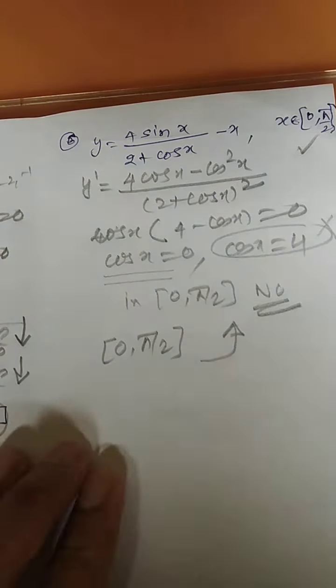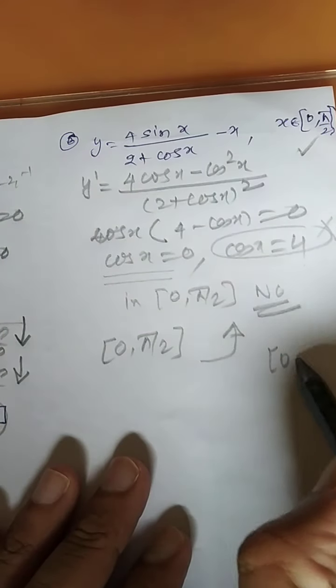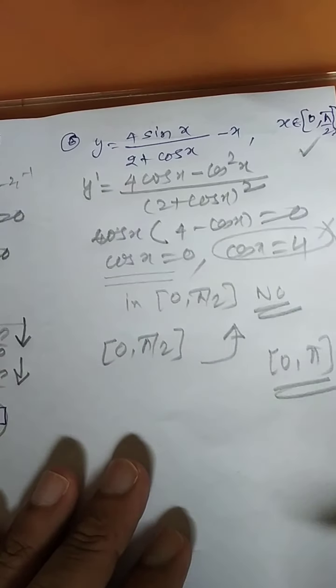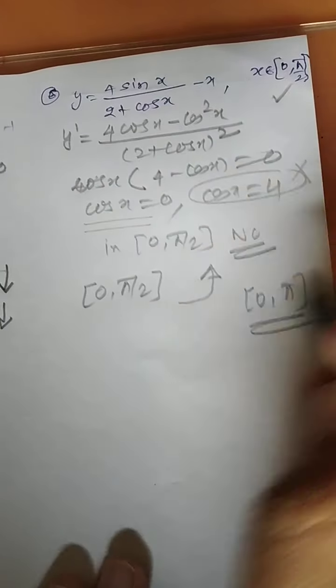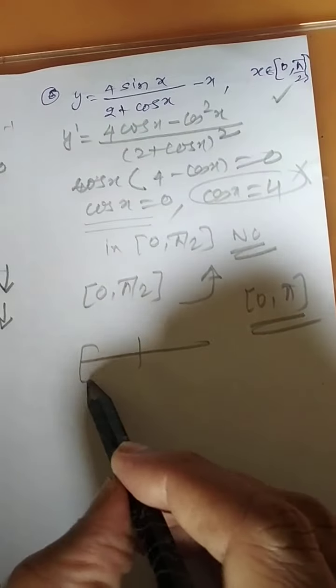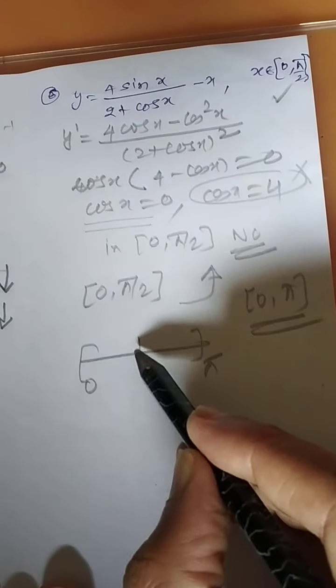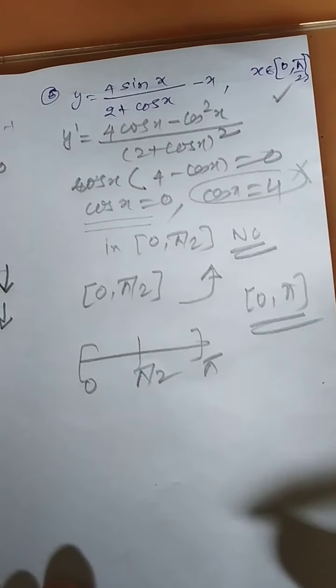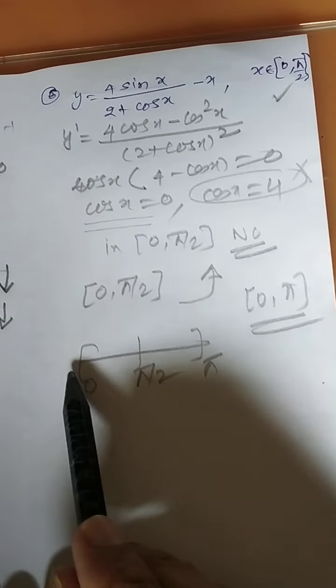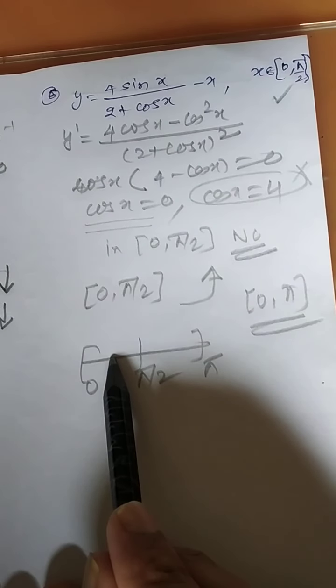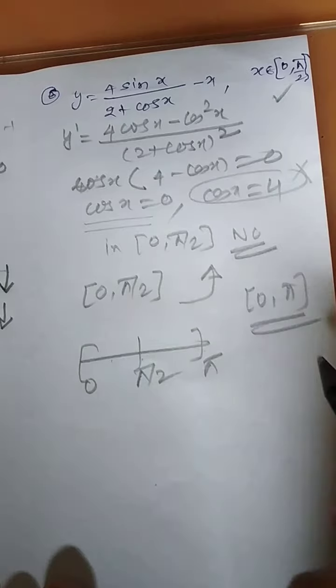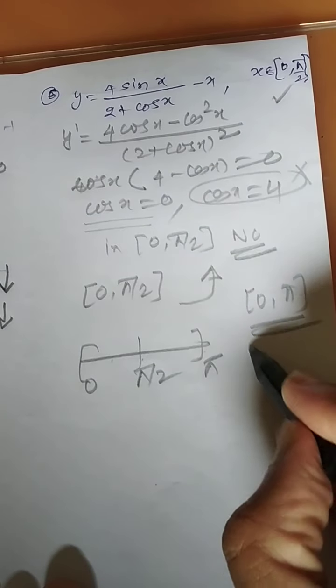In case the interval is changed, say 0 to pi, and the same question is asked, then the interval is 0 to pi with pi by 2 in between. Is cos x 0 somewhere here? Here also positive, cos 0 is also 1. No. Then also the graph is strictly increasing.